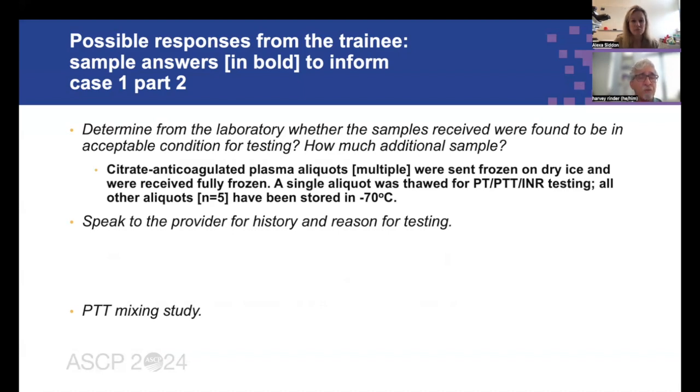Multiple aliquots were sent frozen on dry ice and were received fully frozen. A single aliquot was thawed for the original testing of PT, PTT, INR, and all other aliquots have been stored in -70. So we're responding to their additional competency-based type questions to tell them that these samples are adequate.